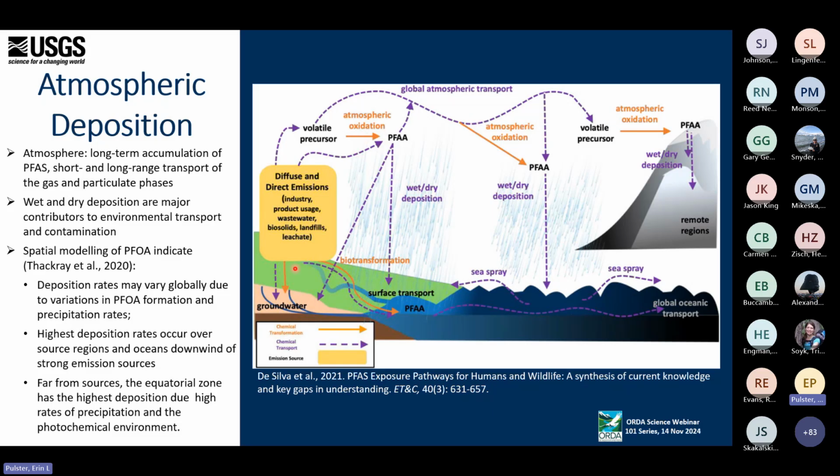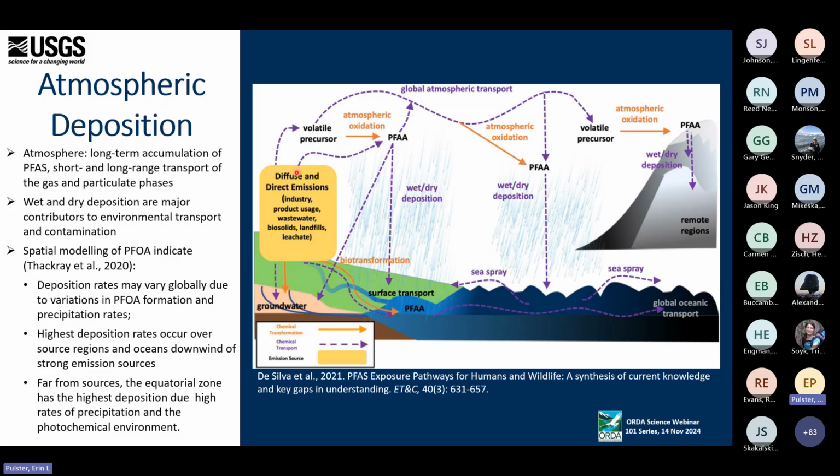So essentially, once it's emitted from industry or wastewater or landfills, however it gets into the atmosphere, you might have a volatile precursor that goes through processes such as oxidation, that turns it into a terminal product or another mediator that ends into a terminal product like PFOS or PFOA.